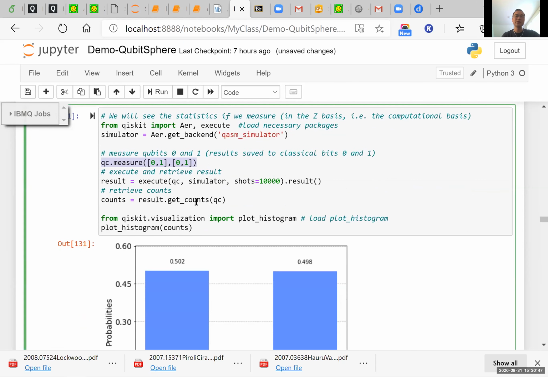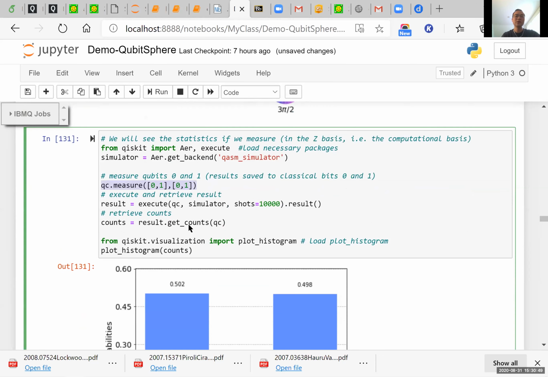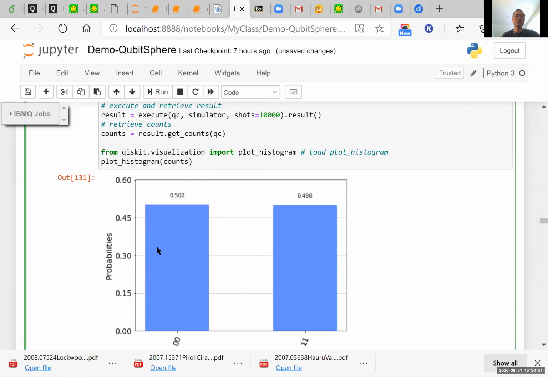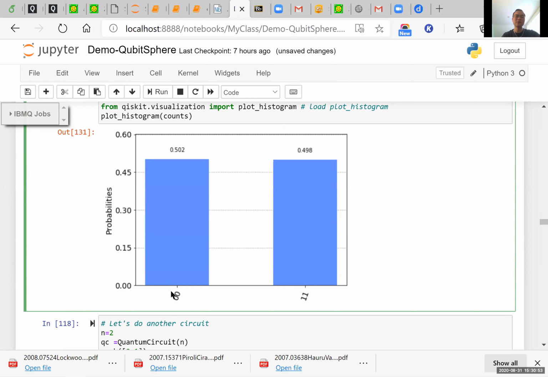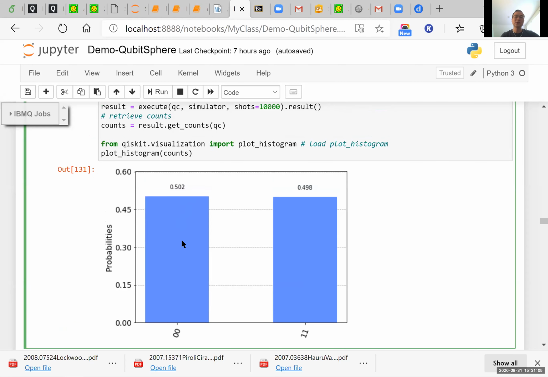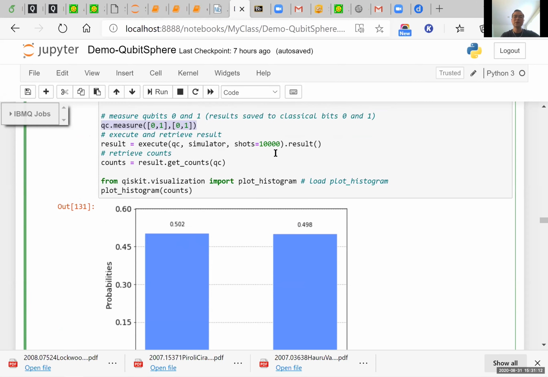It will measure in a 0-1 basis, and I can ask what the outcome statistics are. For example, I create a 0, 0 + 1, 1 state. If I measure, I should, in principle, get 50-50. In this simulation, of course, you have some statistical fluctuation. It's not exactly always 50%, but it will be very close because we repeated the measurement 10,000 times.